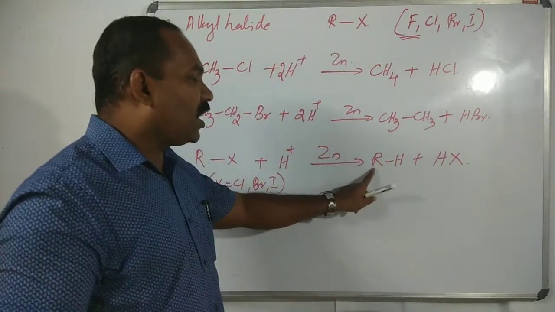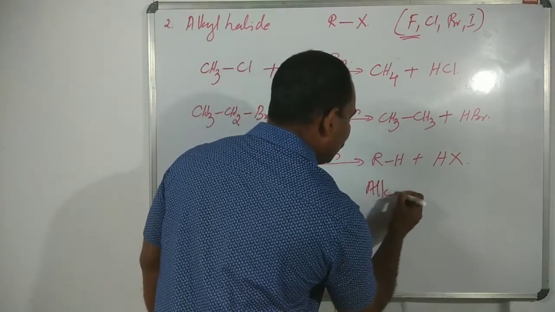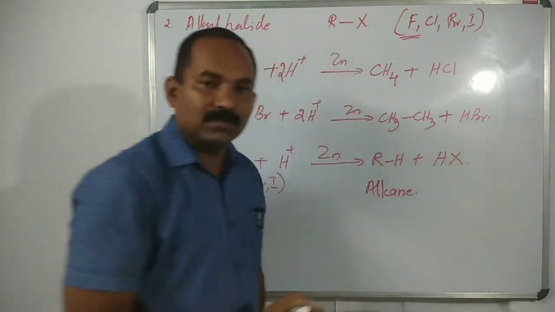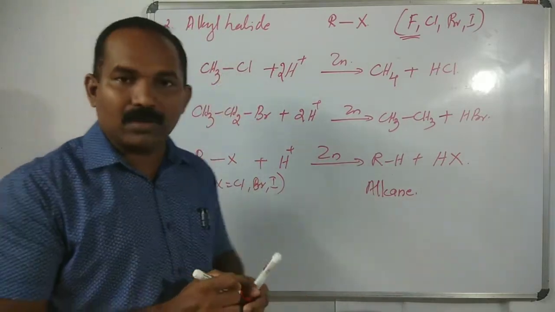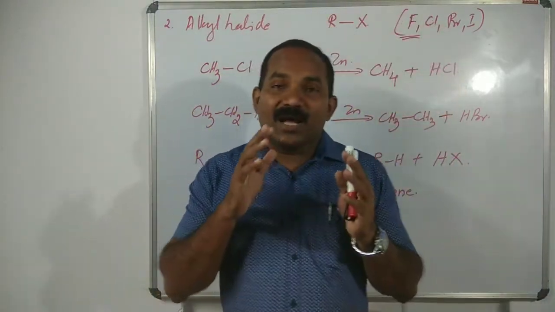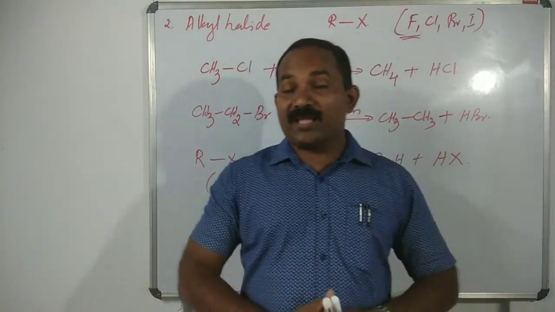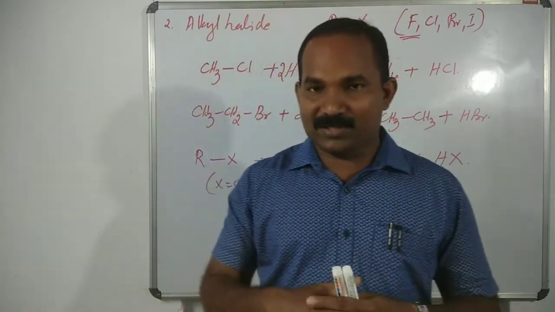RH means an alkyl group and a hydrogen, it is an alkane. This is the general equation, and these are particular examples. Are you clear? So CH3Cl plus H2, where the H2 comes from the acid.